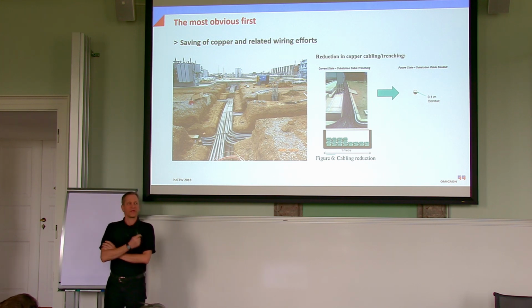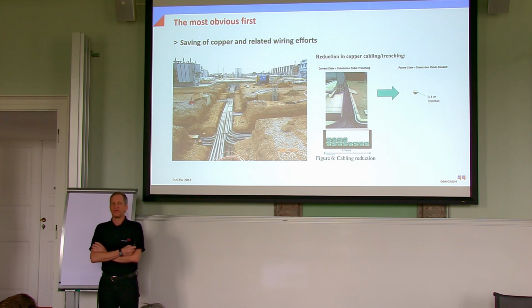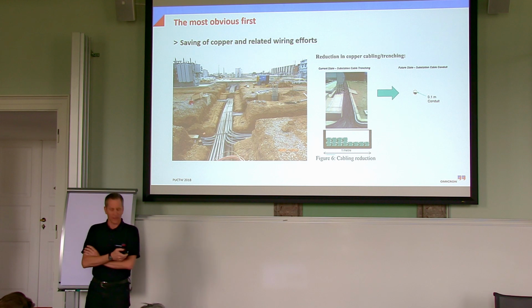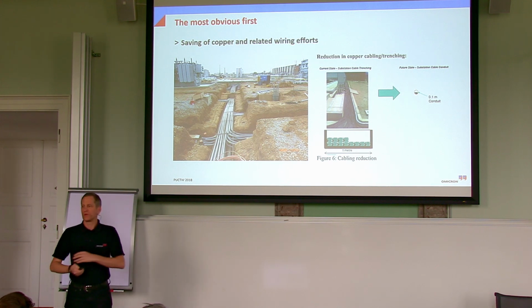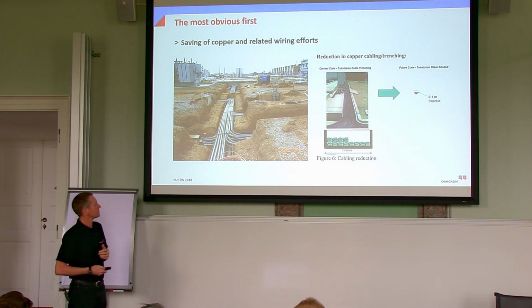So I really think the copper savings argument alone is a pretty strong one, even if you do not think, let's say, on a more abstract level into the total cost of ownership.